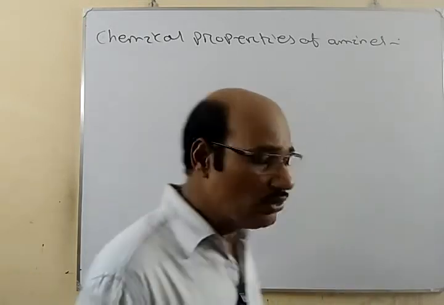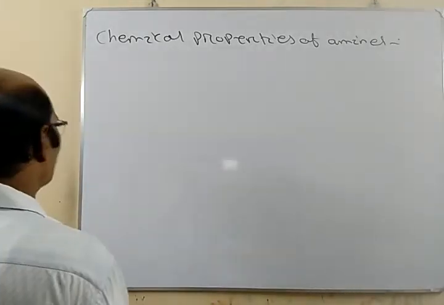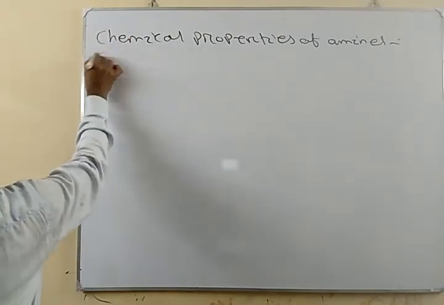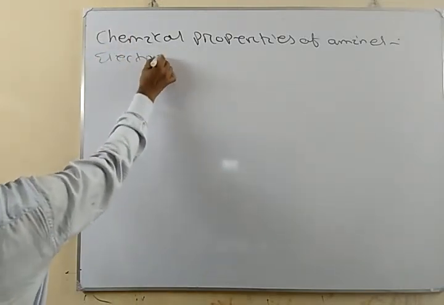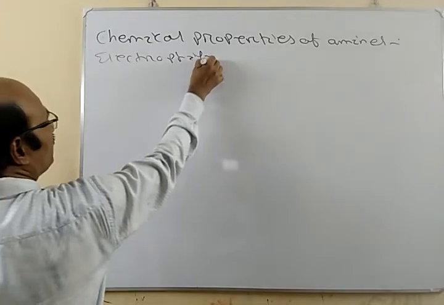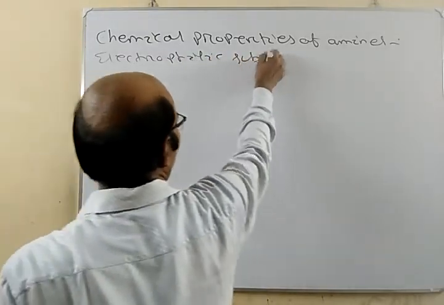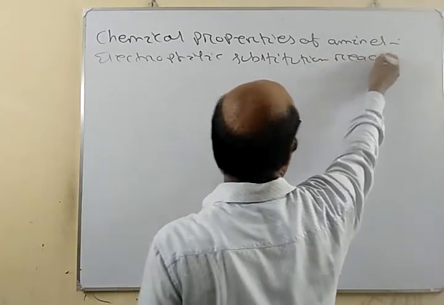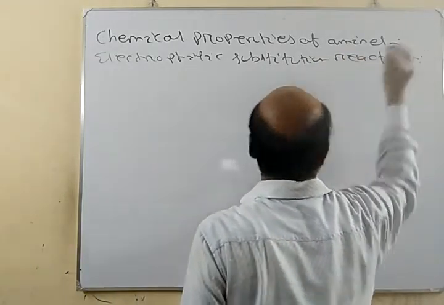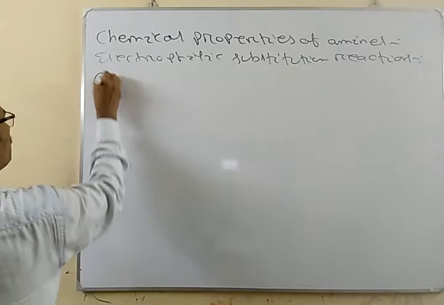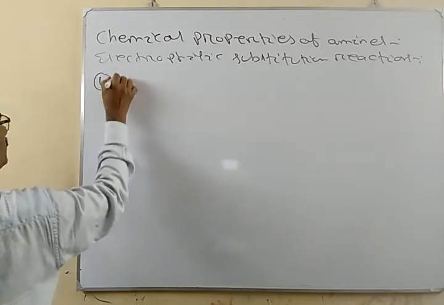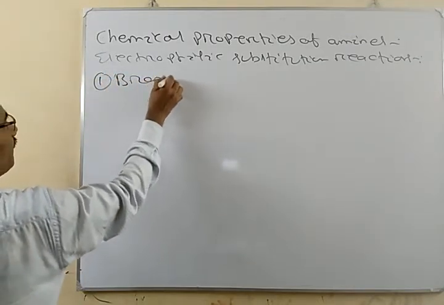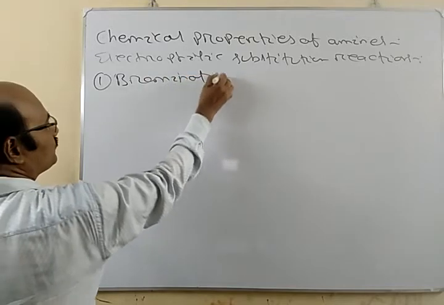Let us see how this is happening. First of all, we go for bromination. So electrophilic substitution reactions. Okay. First one, bromination.